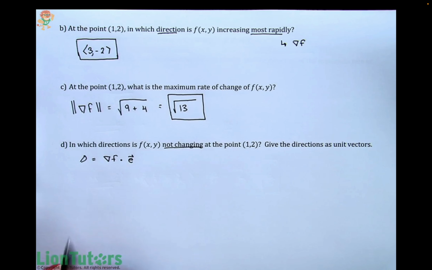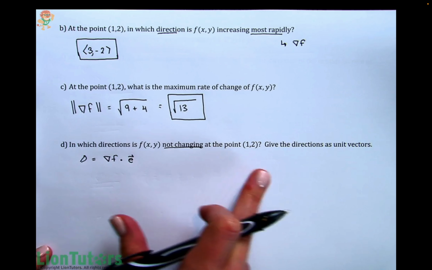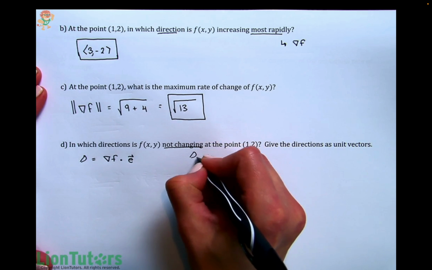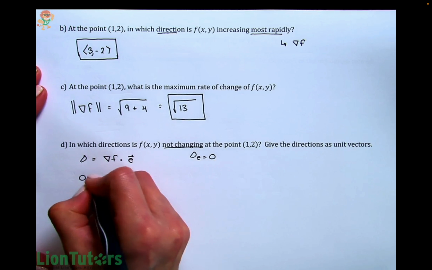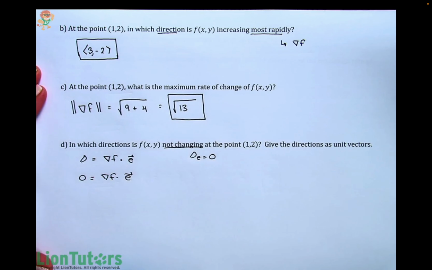And what they're saying is, in what direction, so in other words, what is the value of this unit vector such that our directional derivative is not changing? In other words, our directional derivative is 0.